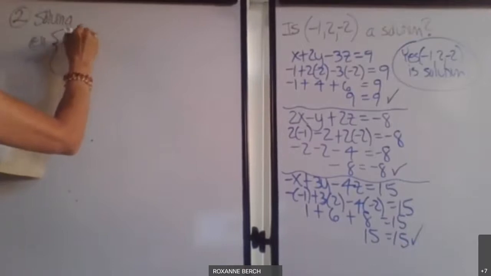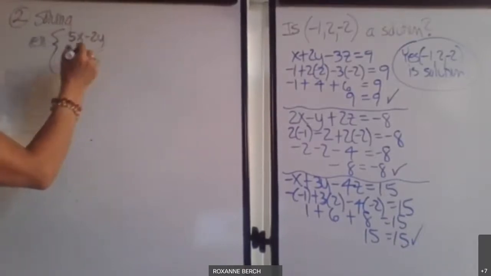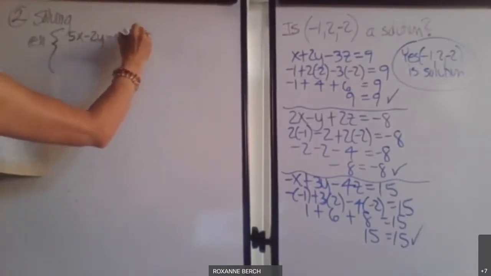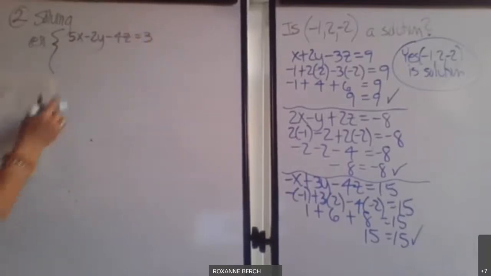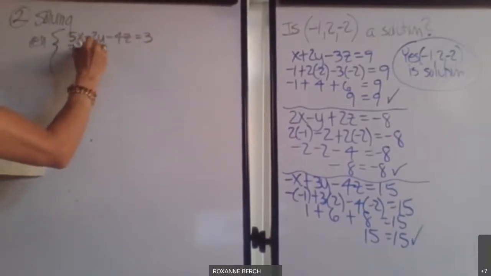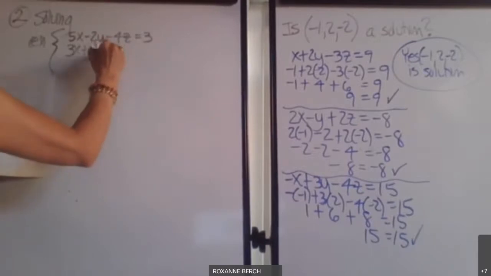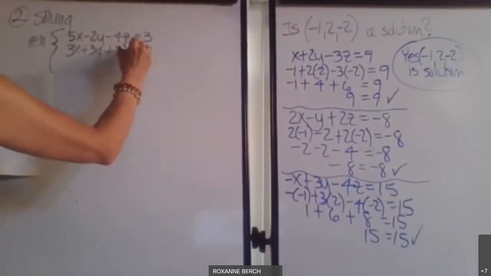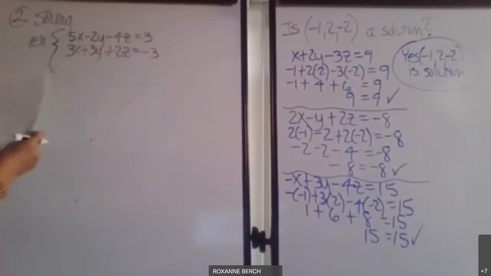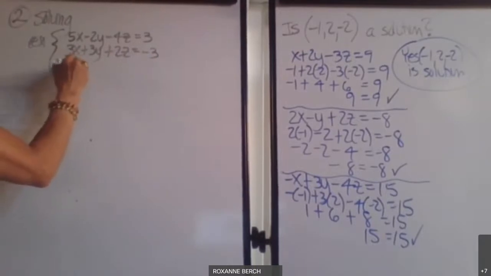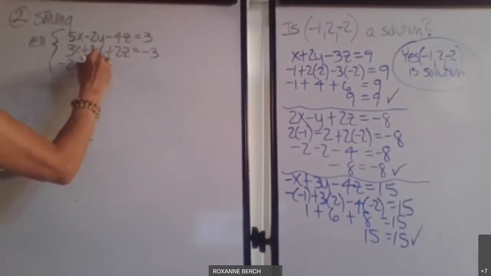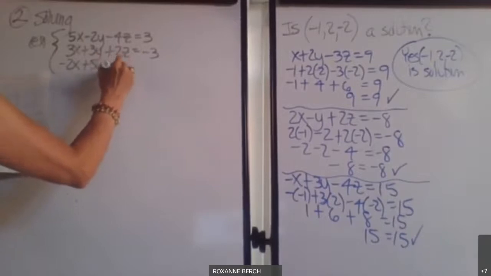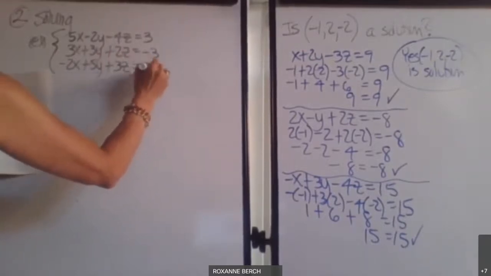So this is going to be 5x minus 2y minus 4z equals 3. 3x plus 3y plus 2z equals -3. I'm looking to see if I can simplify any of these. So far, no. -2x plus 5y plus 3z equals 3.